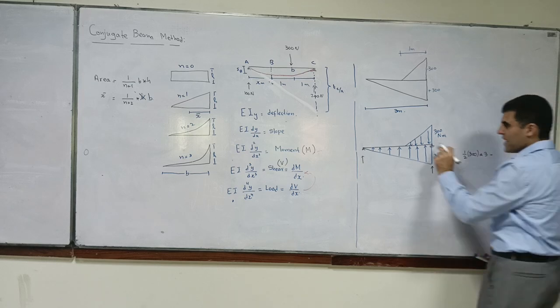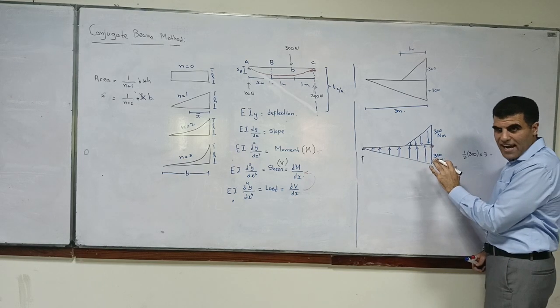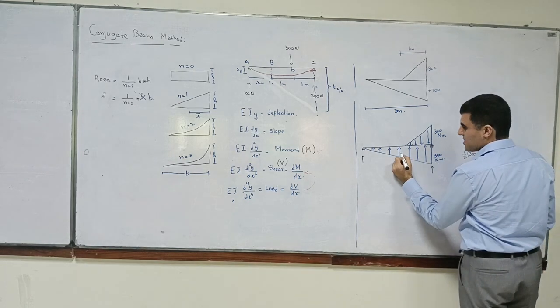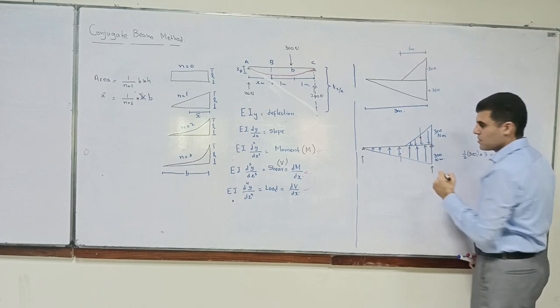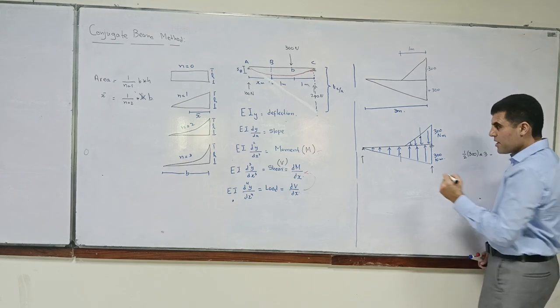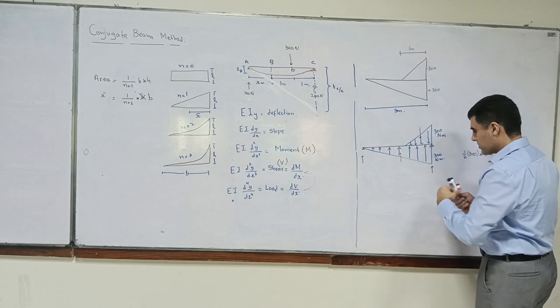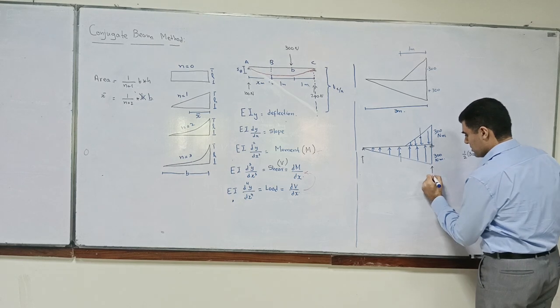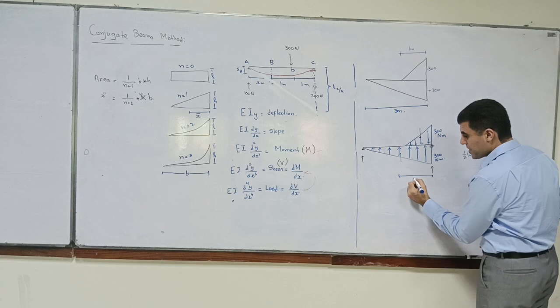No, you have to find the reaction. So you take either moment, or you apply it as a concentrated load. This concentrated load is at a distance of 1 meter.